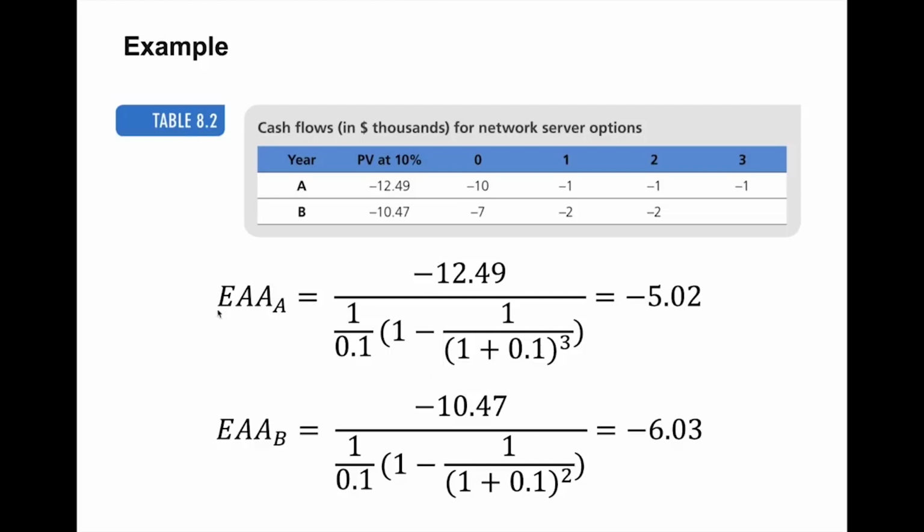So calculating the EAA essentially tells us what our annual cash flow would be for this project. So we need to calculate this NPV first and then rearrange it to calculate what the annual equivalent would be. So we would choose project A because it's costing us less per year.